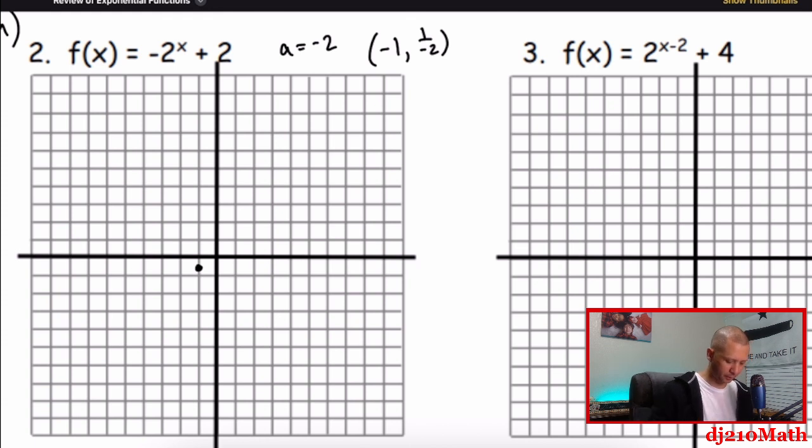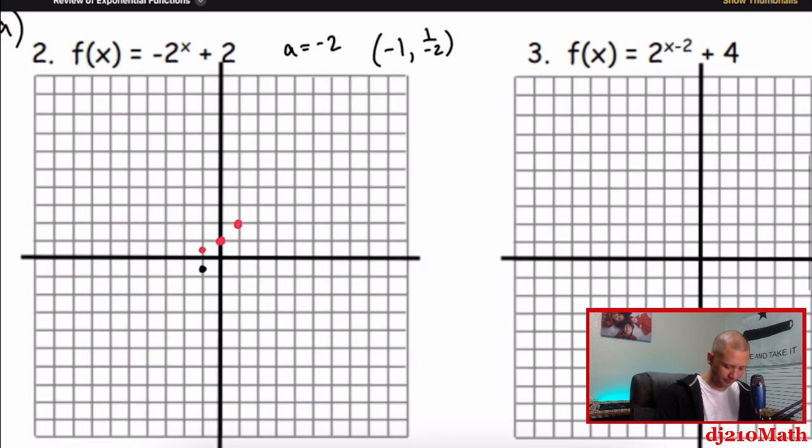So let's think about that for just a moment. The parent function for just 2 to the x looks like this. So I'm not even looking at the +2 part. I'm just looking at -2 to the x. It's going to basically reflect all these points down. It reflects it across the x-axis because of this negative right here.